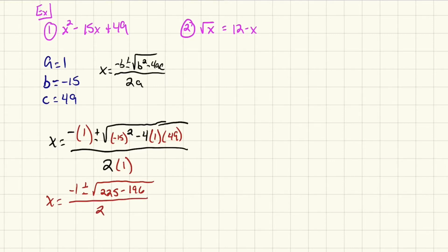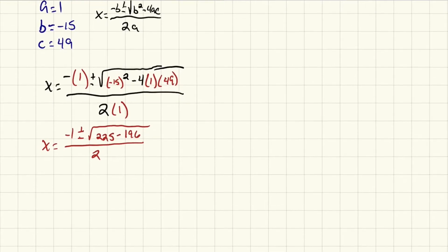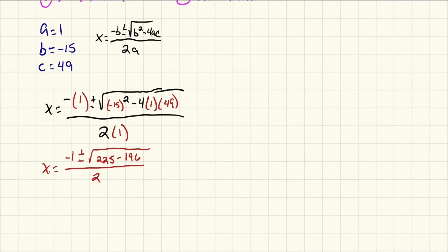All right, keeping on going here, we say x is equal to negative 1 plus or minus the square root of 225 minus 196, which is 29. All of that is going to be over 2.